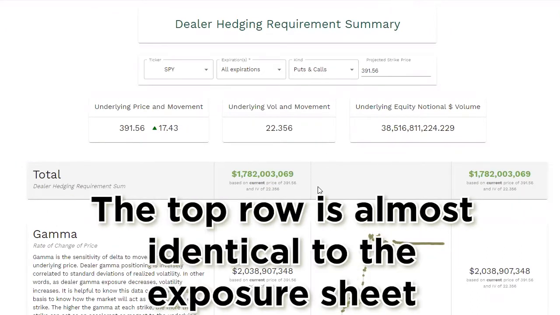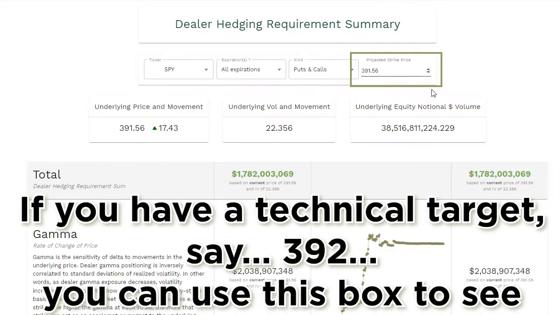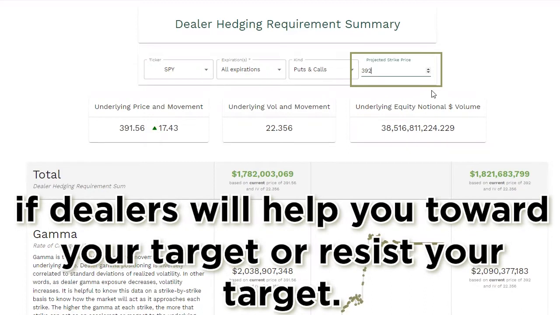The top row is almost identical to the exposure sheet, but without the Greek box. However, it does include a projected strike box here. If you have a technical target, say 392, you can use this box to see if dealers will help you towards your target or resist your target.